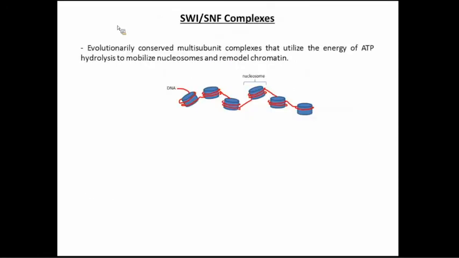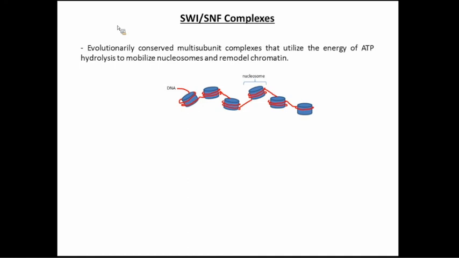So what do these complexes do? So these essentially are multi-subunit complexes, as I mentioned, that use ATP hydrolysis to mobilize nucleosomes. So as many of you know, nucleosomes are areas of the genome that are compacted. So the DNA is essentially wound around these histone proteins. And these areas usually are not accessible to transcription factors.